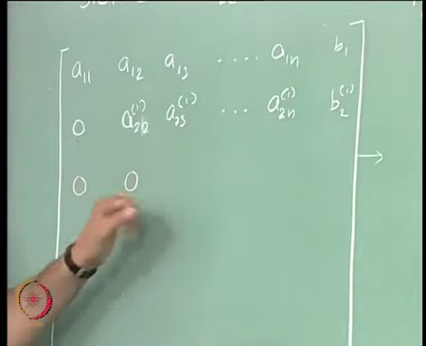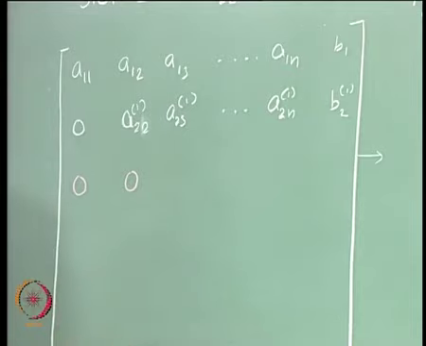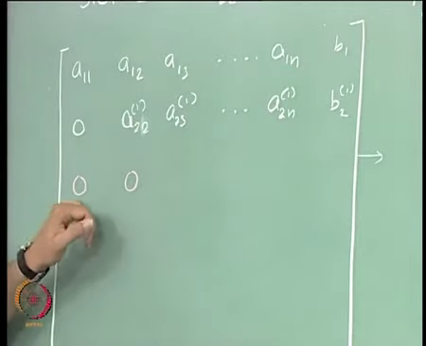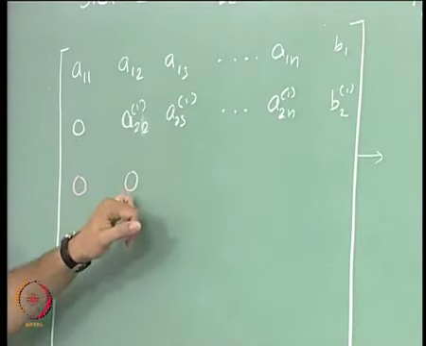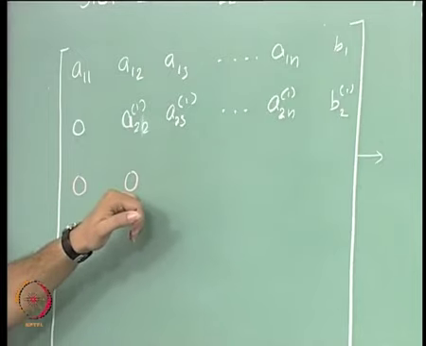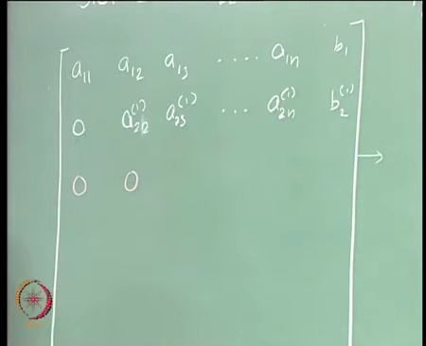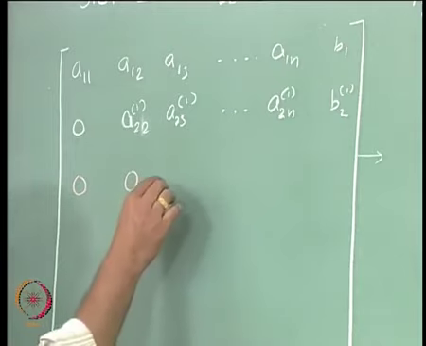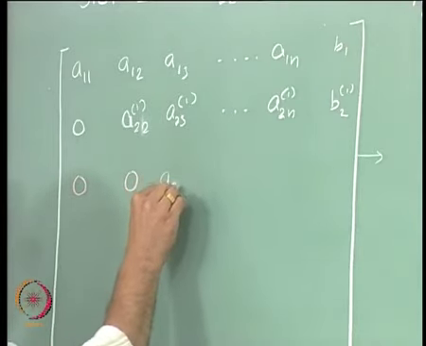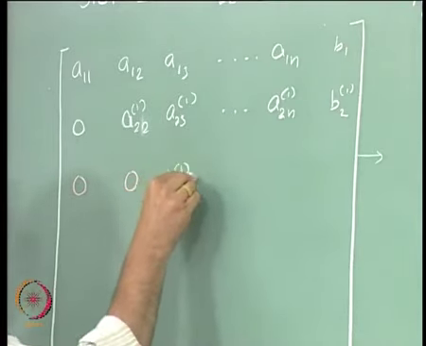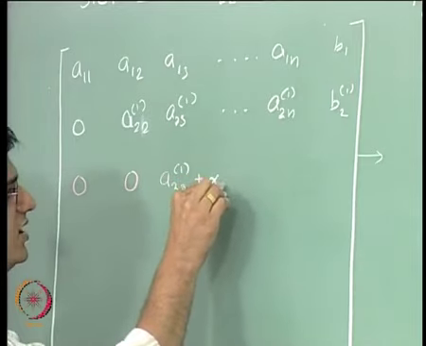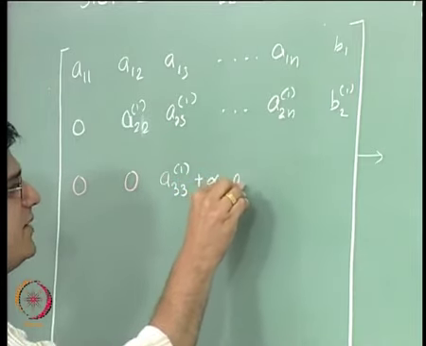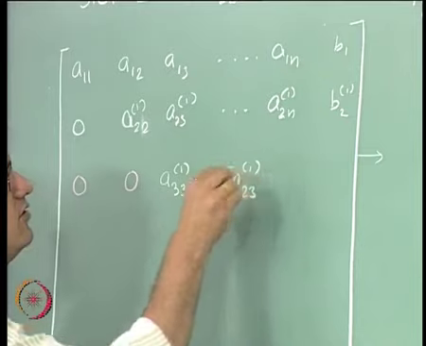These two values are not computed, we just keep this value unchanged and we just replace the original value over here with a value 0.